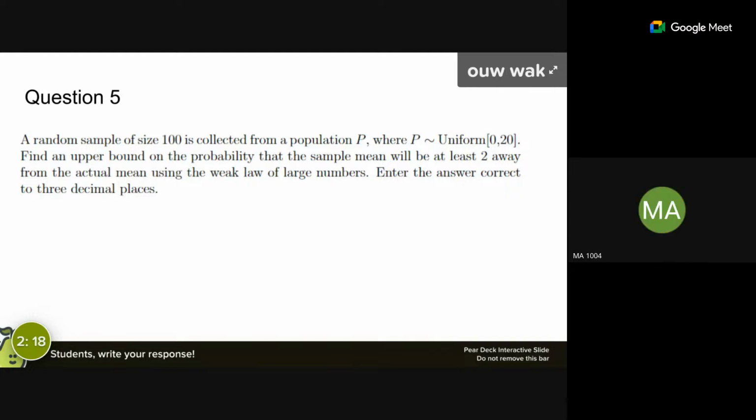Okay. So you can use those formulas that we discussed for the discrete one, sigma square divided by n delta square. The sample size is given here. And in this case, it is at least, that means we have to go for the upper tail. At least 2 away. Just confirm it once again on your own.